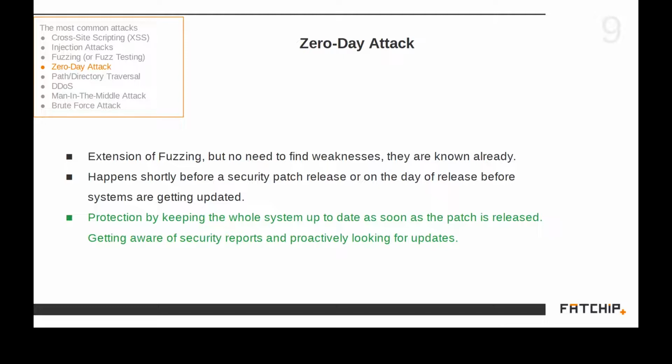Or it can even happen on the day itself, which is zero-day, when the patch is released, so there is no leak of information, so to say, the attacker is just smart enough to get the patch notes as early as possible, and using it to attack all the systems before they actually start their update round.